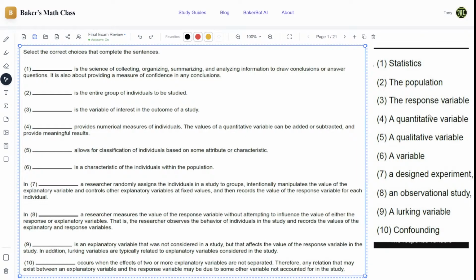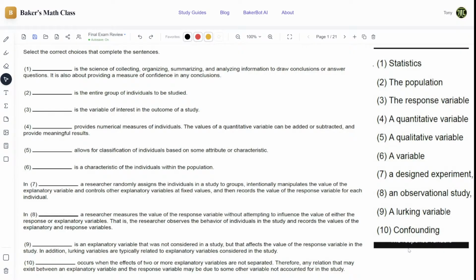The response variable is the variable of interest in the outcome of the study. Quantitative variable provides numerical measures of individuals. The quantitative variable can be added, subtracted. That's the key piece there: quantitative can be added and subtracted.